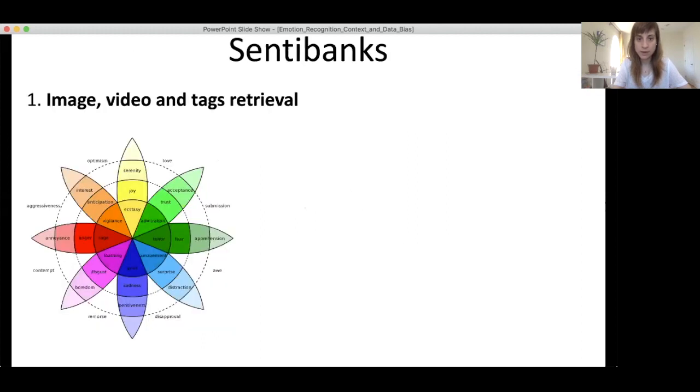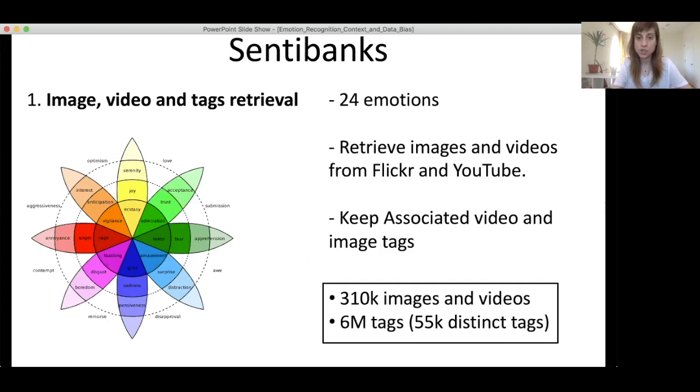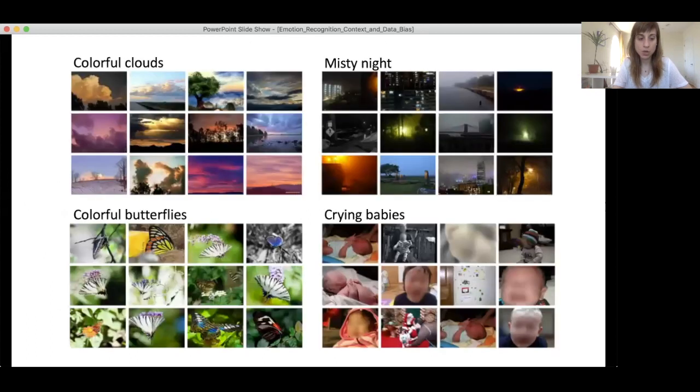Very briefly, this work starts with 24 emotion categories, and the authors retrieve images and videos from Flickr and YouTube using these emotion categories. Then they keep the associated video and image tags and do mining on them.